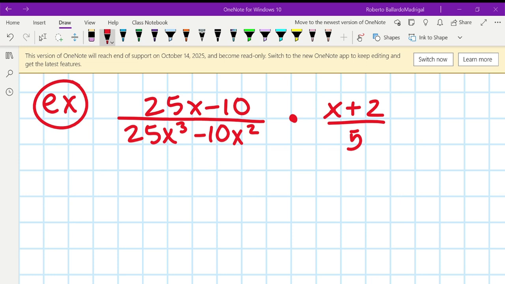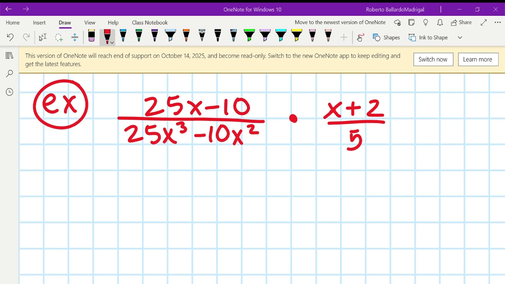25x minus 10. Look at the numbers. 25 and 10 share a common factor of what? Of 5. So I'm looking ahead. From the top, I'm going to take out a 5. Then let's look at the bottom. 25x to the third and 10x squared. So same numbers, 25 and 10, so I know my GCF is 5. But you will notice that they also share some variables.